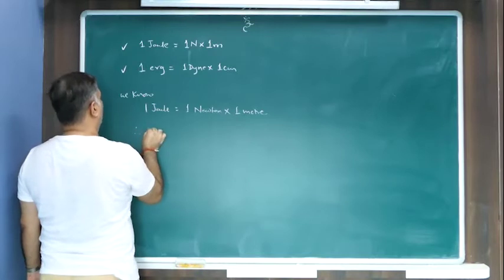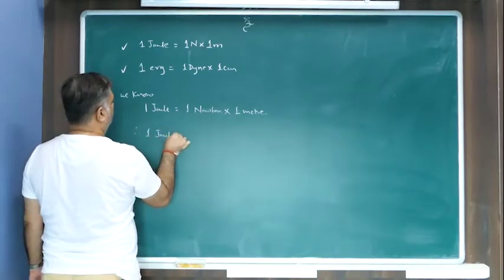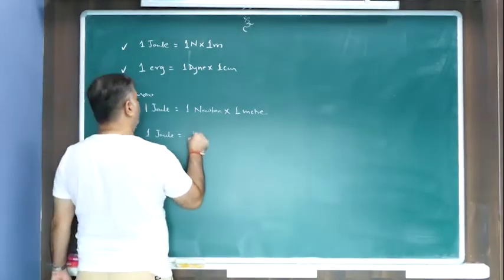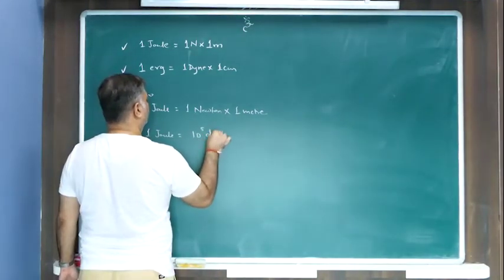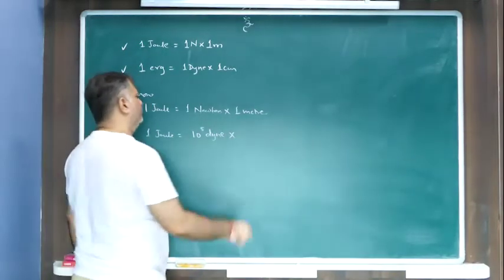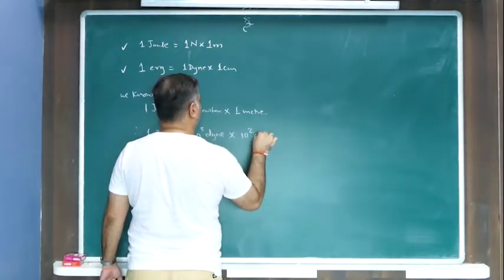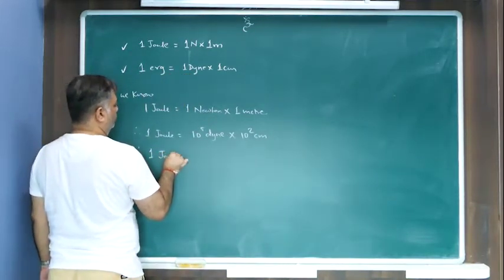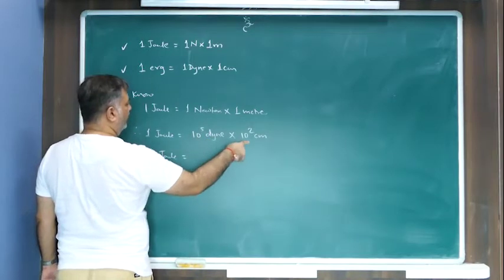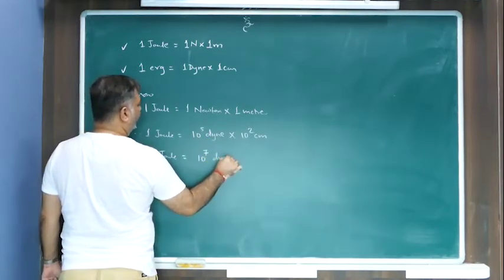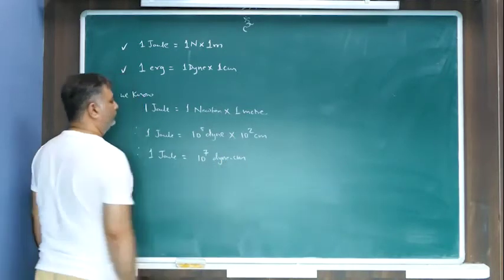Therefore, 1 joule is equal to 1 Newton is how many dynes? 10 raised to 5 dynes. 1 meter is how many centimeter? 10 raised to 2 centimeter. So therefore, 1 joule is equal to 10 raised to 5 into 10 raised to 2, 10 raised to 7 dyne centimeter.